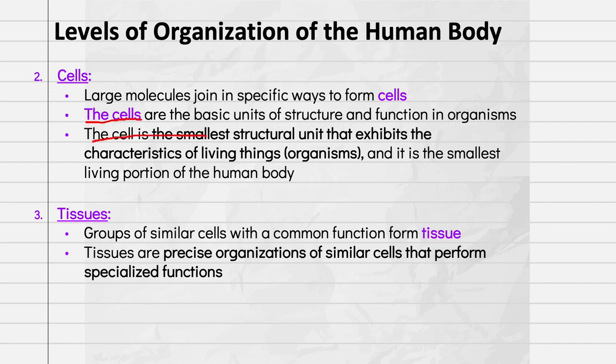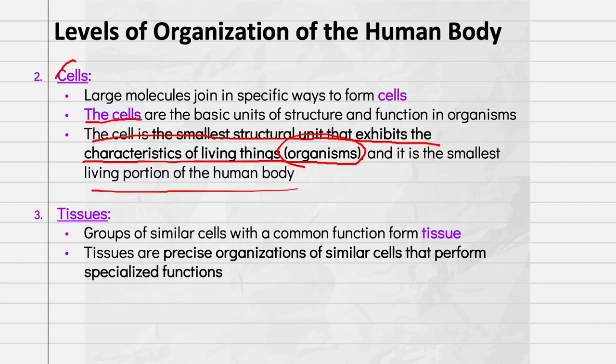The cell is the smallest structural unit that exhibits the characteristics of living things such as organisms, and it is the smallest living portion of the human body. So if an MCQ comes like what is the structure and function unit of the individual level or the organism level, then the basic unit of structure and function of the organism level or individual level is the cell.